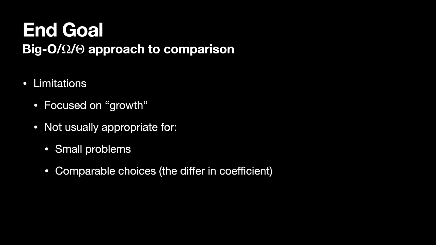So there's some limitations to this approach. Just as a quick reminder, remember that all three of these represent a set of functions that are all considered to be members of the set because of properties of those functions. This approach to comparison is actually focused on growth. If you remember, there was this idea of being past a certain start point, so n greater than or equal to n0.